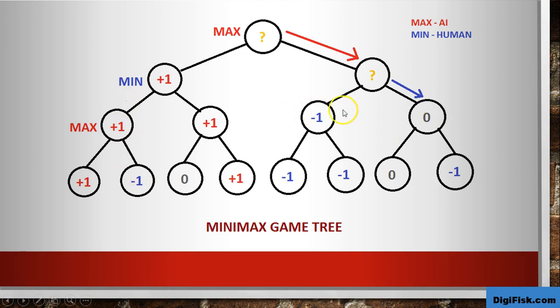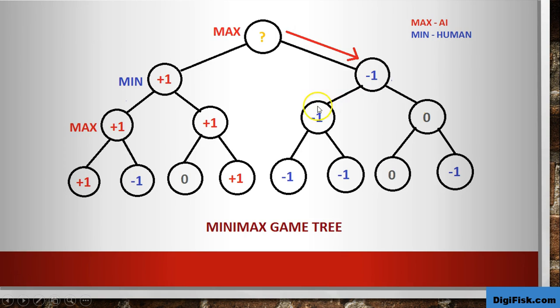So now both of the max nodes of our right min node are filled. So now we can actually choose a value for the min node as well. As you know, -1 is less than 0 and the minimum node is going to choose the lesser of the two. So we are going to have -1 in here. Alright. So now we've come to almost the end of it.